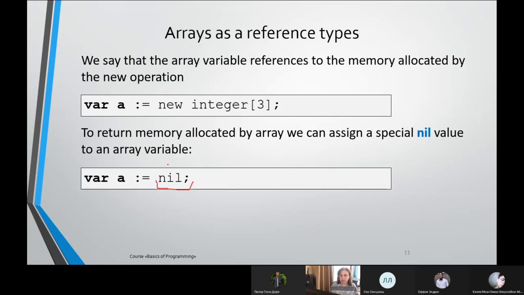Nil means like 0. So we just return the memory which was allocated by this array, just make it empty, to use it for the next things we are going to do in our program. So sometimes we need to use this nil, which means empty space in our memory.